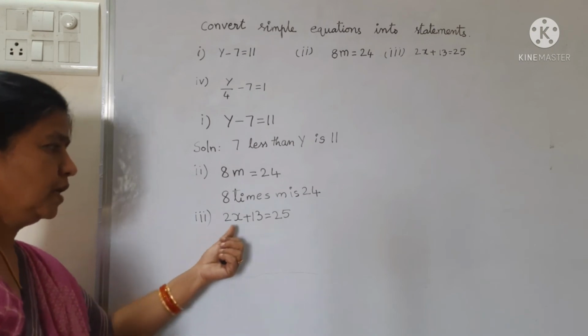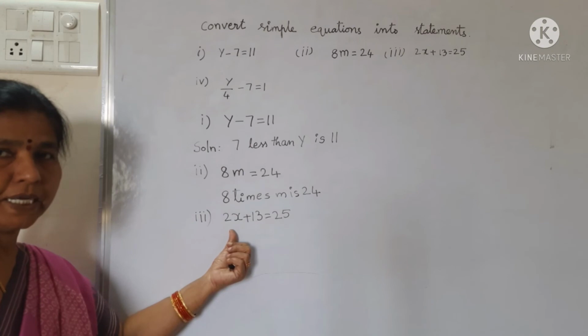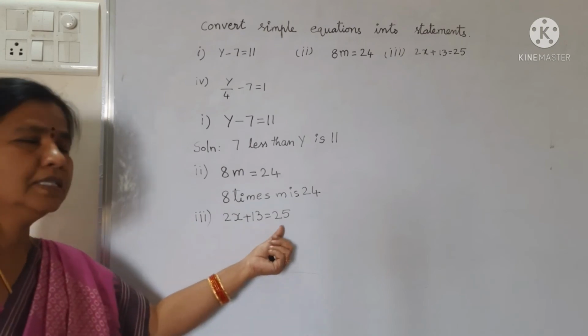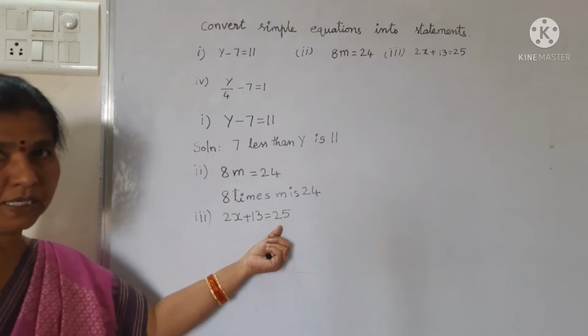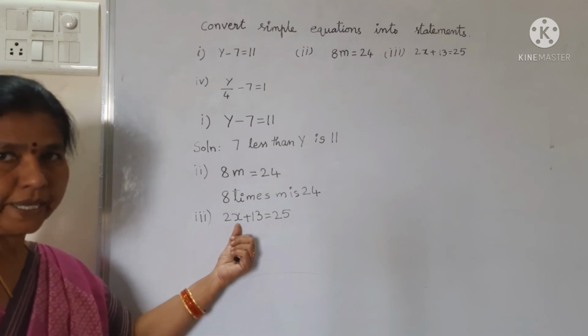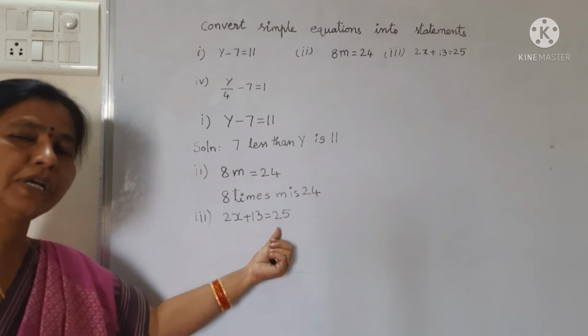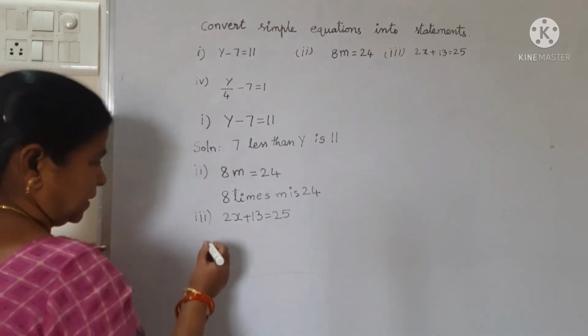Otherwise, sum of 13 and twice a number x is 25. Like that we can write. Otherwise, sum of twice x and 13 is 25. Like this we can write.